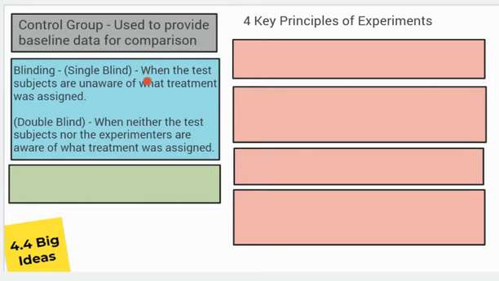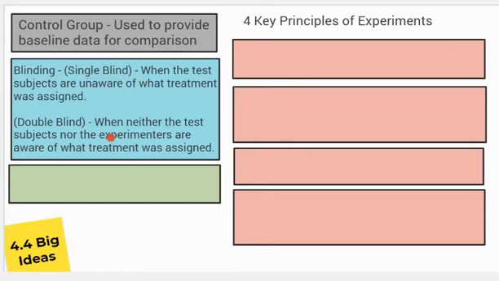So let's look at just single blinding. That means when the test subjects are unaware of what treatment they were assigned. They don't know, let's say they were taking pills, if the pill was a placebo or if it was a full dose or maybe a half of a dose, whatever it may be. If they don't know what treatment they were assigned, then that is called blinding or single blinding.